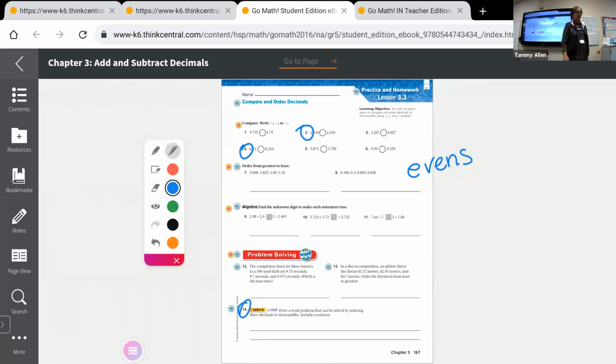I'm not circling all of them. So 2 through 14, the evens. We're clear on that? We're going to show work on another sheet of paper.